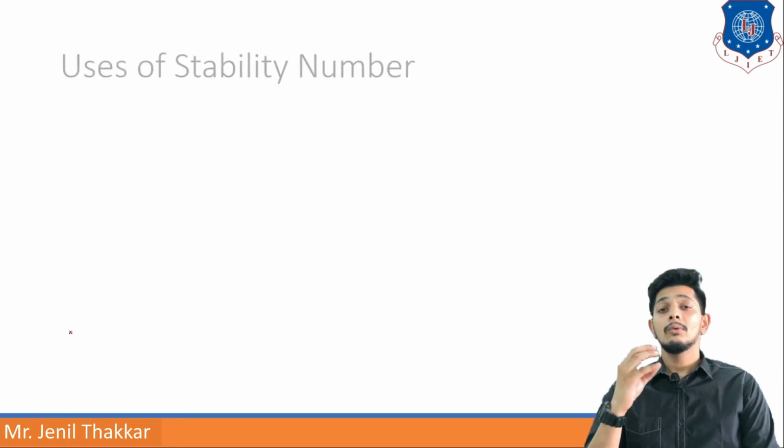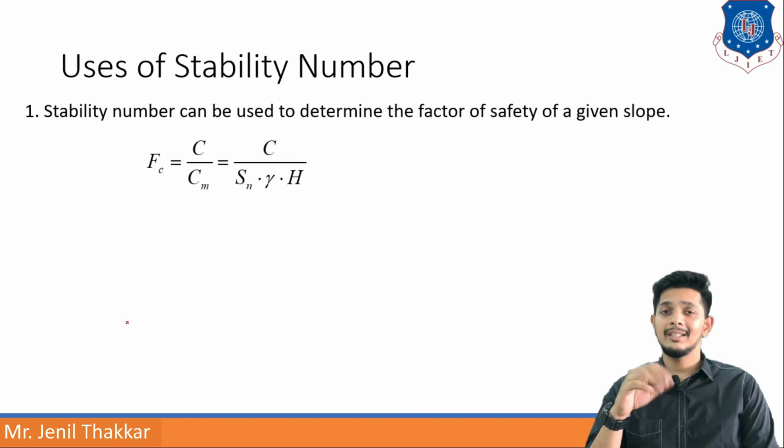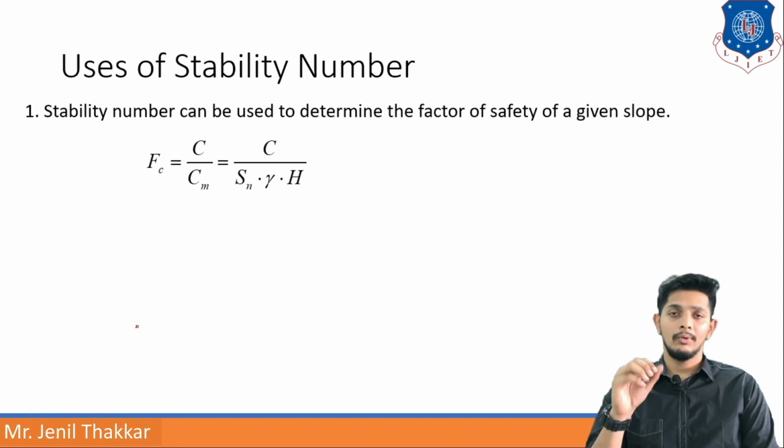Moving forward, what are the uses of stability number? So mainly there are 2 uses. Stability number can be used to determine FOS for any given slope with the formula C by Cm, or C by Sn gamma H. If you have the stability number, gamma will be found easily, H will be known by measurement, and C will be found easily.